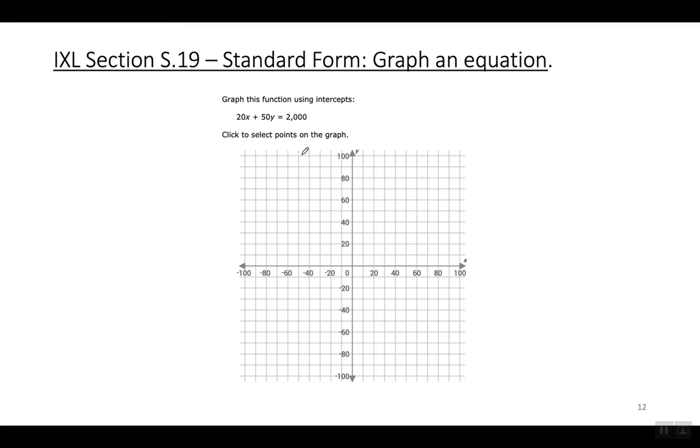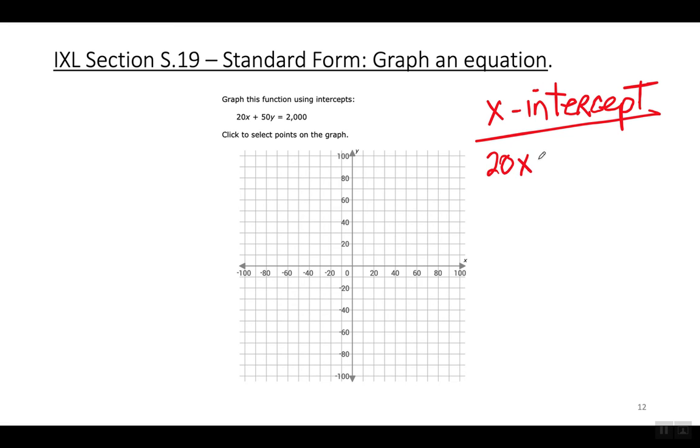All right, this is the same thing, just the numbers are getting bigger, but you do the exact same thing. So to find my x-intercept, I'm going to make y equal to 0 and solve for x.